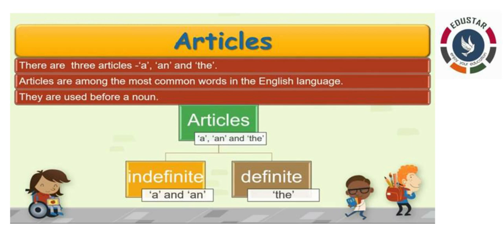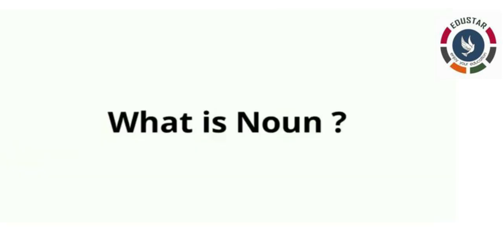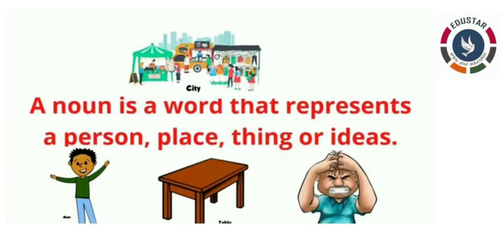Here I am going to ask a question. What is a noun? You have learned it in your lower classes. Can you remember that? What is a noun? A noun is a special kind of word and it is a part of speech. Nouns are words that name a person, place, thing, or an idea.